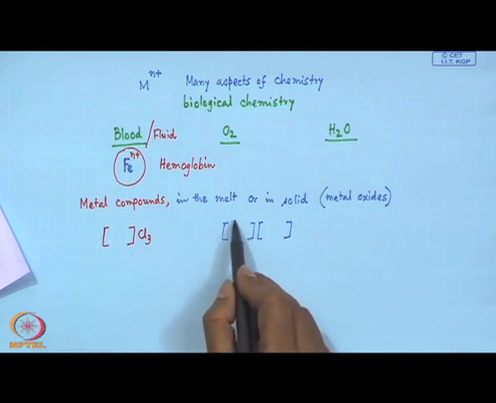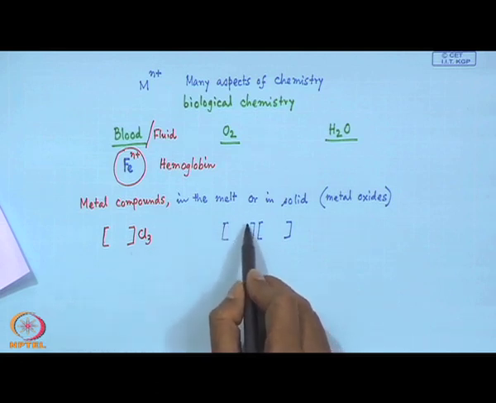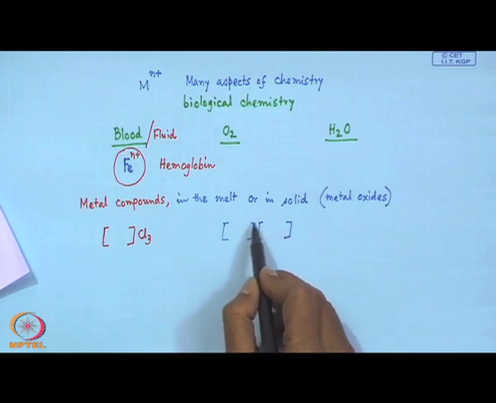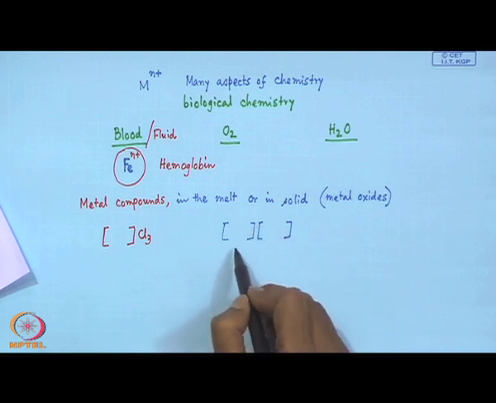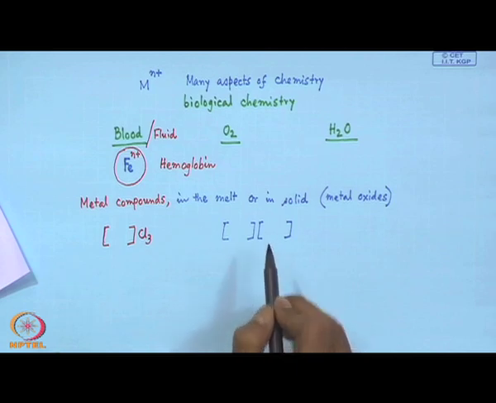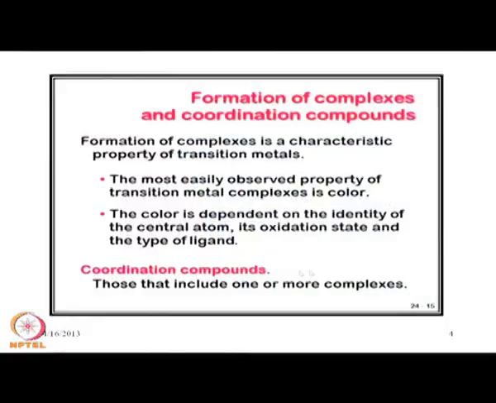But when the cationic part is a complex species and the anionic part is also a complex species, we call it a coordination compound where both the two parts are made up of complex species. And we will have the corresponding examples for that also, and we will see that in our next class as well.